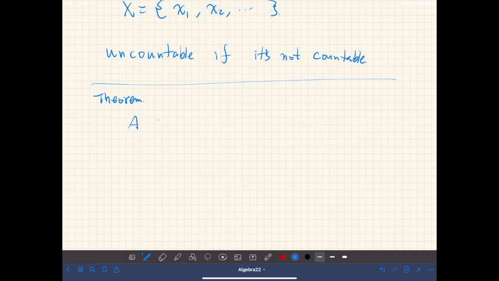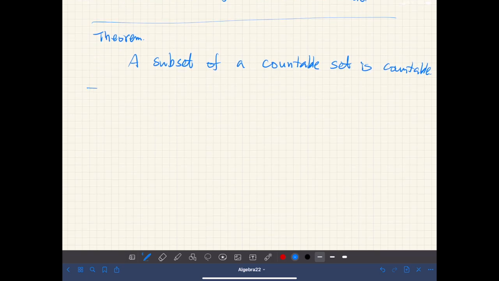A subset of a countable set is countable. So the set of natural numbers is countable.